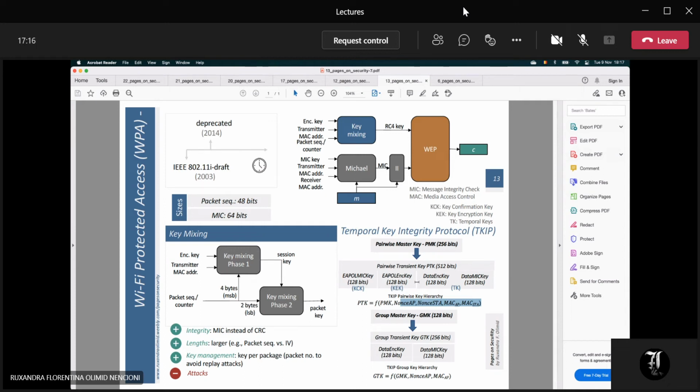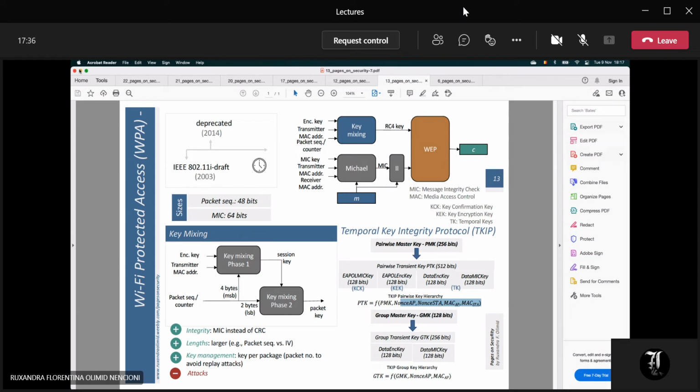But why I'm saying it's tricky: it's not really 25, because we can also consider the group keys that are also used for encryption. And we all the time have at least one group key that is broadcasted by the access point.